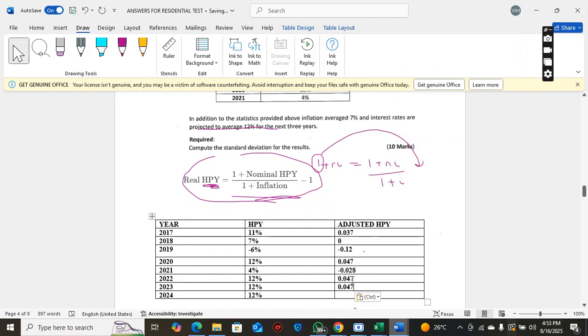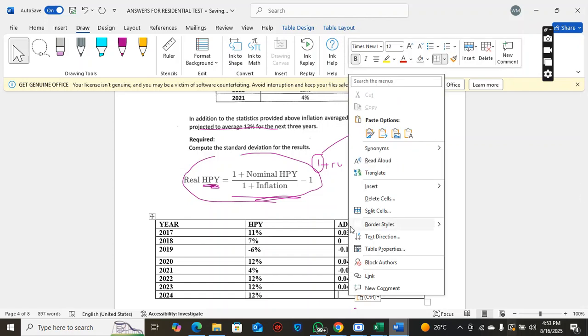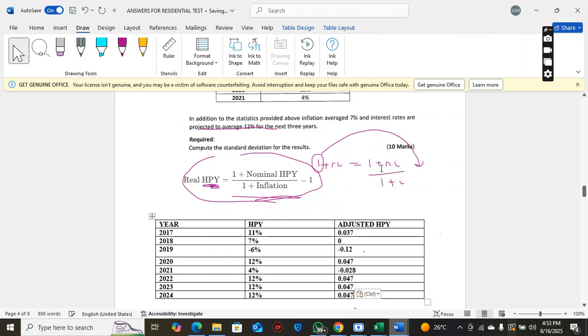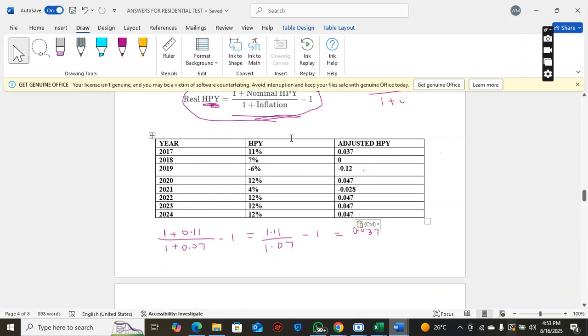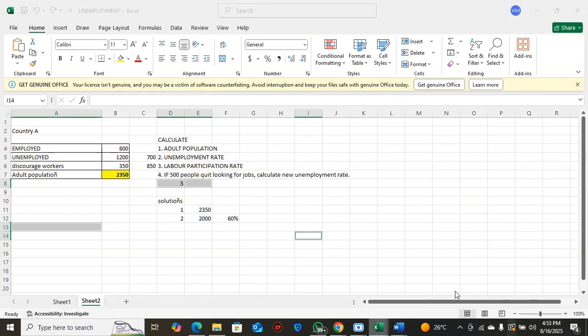Now we can compute the standard deviation. First things first, before you get the standard deviation, you get the mean, the average.